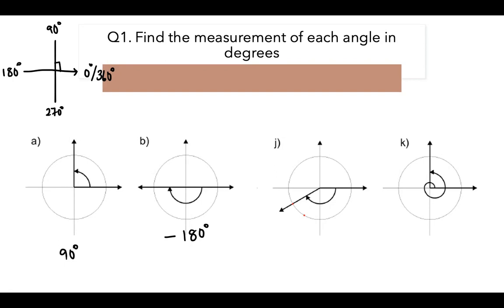This is 30, this is 60, and this is 90, so 60 plus 90 is 150 degrees, but because we're going clockwise, it's going to be negative 150. Next, it looks like we have done a full turn. So this was 360 plus 90 degrees. That's going to be 450 degrees, a positive angle.